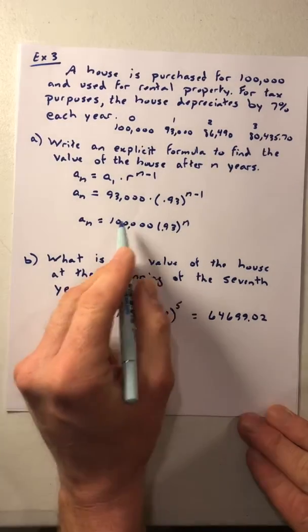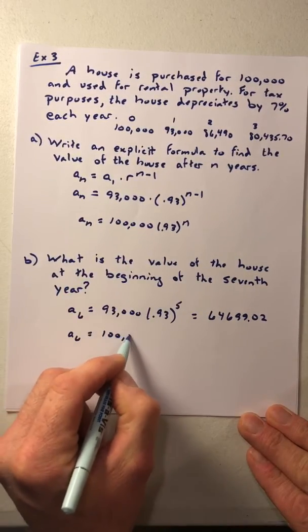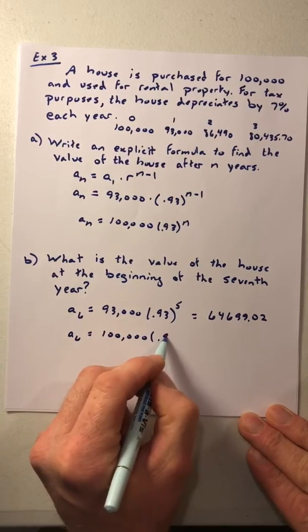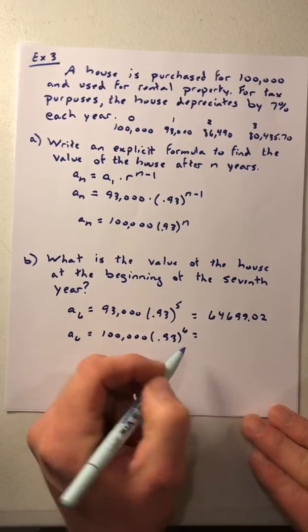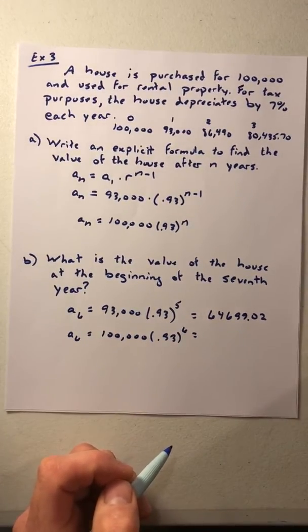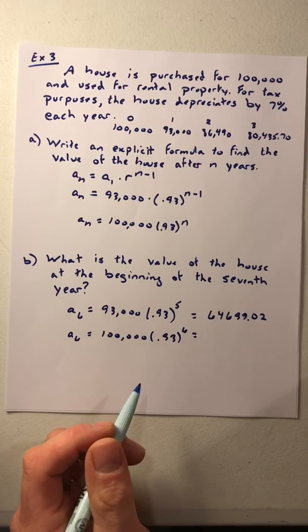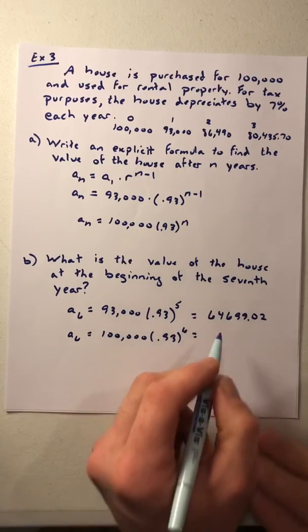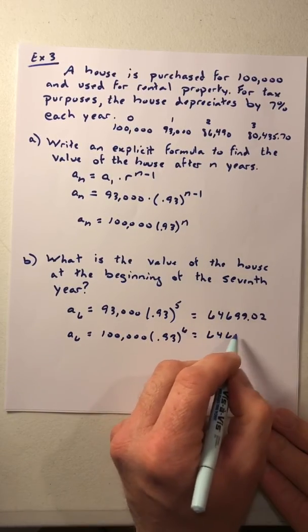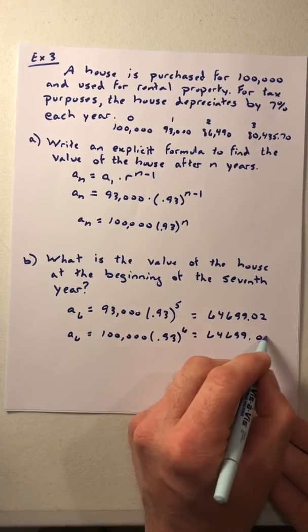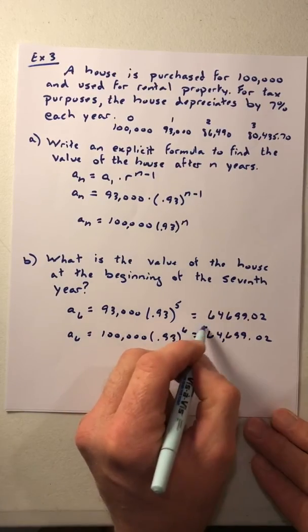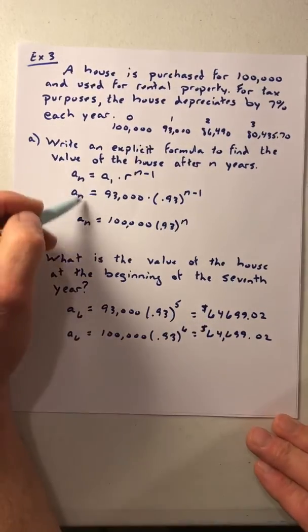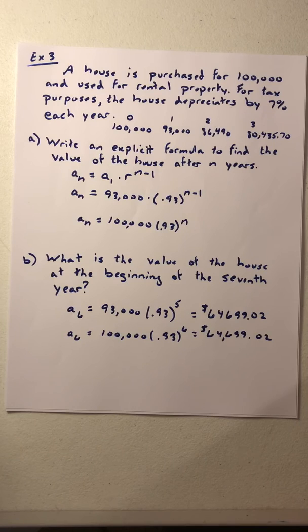If I use my other equation, my 100,000 times 0.93 to the 6th, now if I plug in 100,000, multiply that by 0.93 to the 6th, lo and behold, we end up with $64,699.02. So again, it doesn't matter which equation we use, we're going to end up with the same answer.